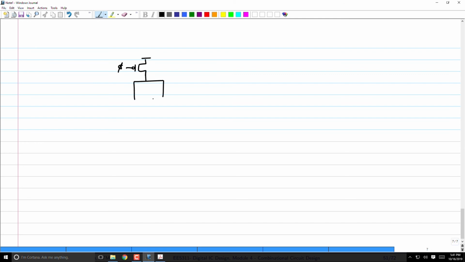I'll implement whatever pull down network depending on the circuit or the logic that I want to implement. And then I want to put a high skew static CMOS inverter here, right? Now I'll just put another PMOS like this.